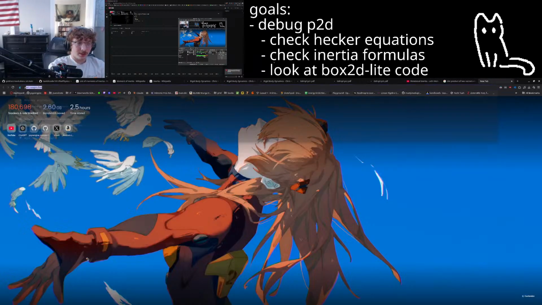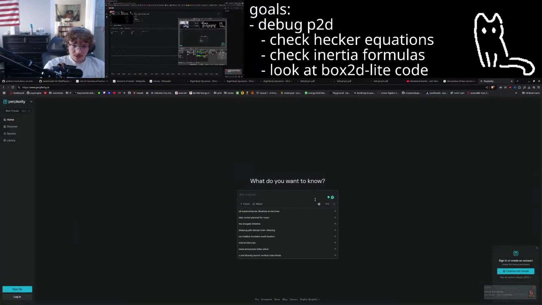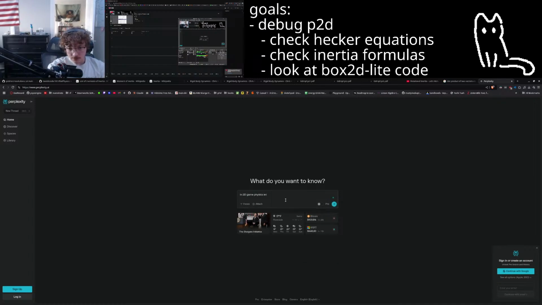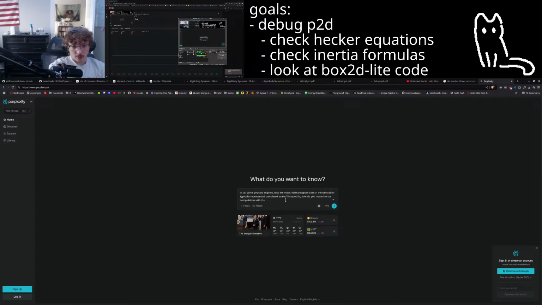Can I just get a summary on 2D game physics engines? How are mass, inertia, and logical sizes in the simulation typically represented, calculated, scaled? In specific, how do you marry inertia computation with your logical units?